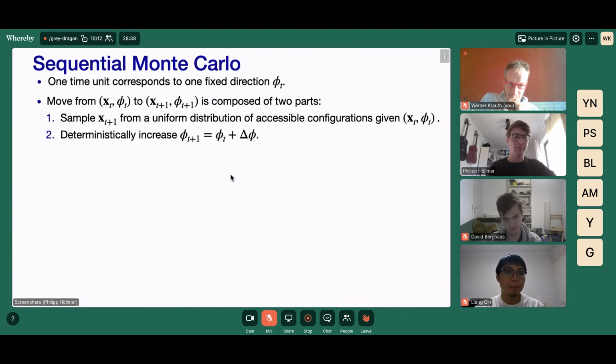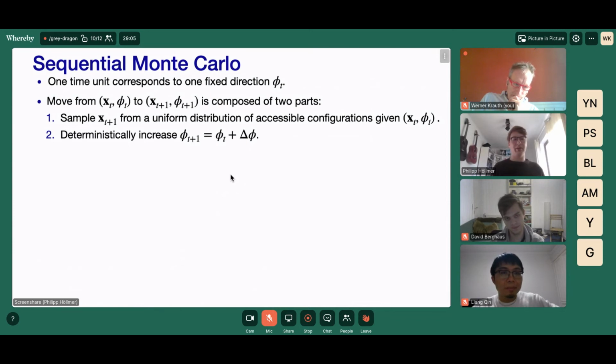Okay, and now with this idea, we can write down our scheme for sequential Monte Carlo, and we do as always, using the lifting framework. So we augment our physical space of the position xt by the direction phi t of the current local move. The sequential Monte Carlo scheme for a single time step then proceeds in 2 steps.